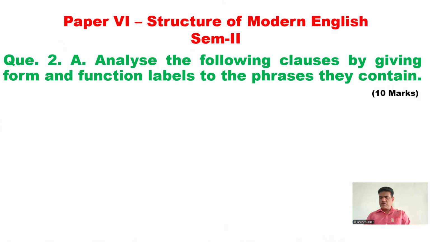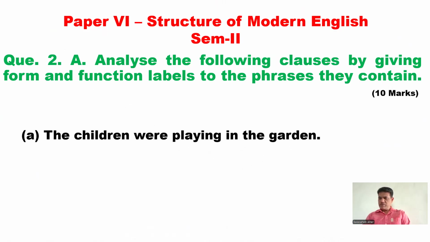Let us first of all see what examples you may have in the examination and what we have to do with them. Here are the examples that I have taken from the old question paper so that you should get an idea about this exercise.